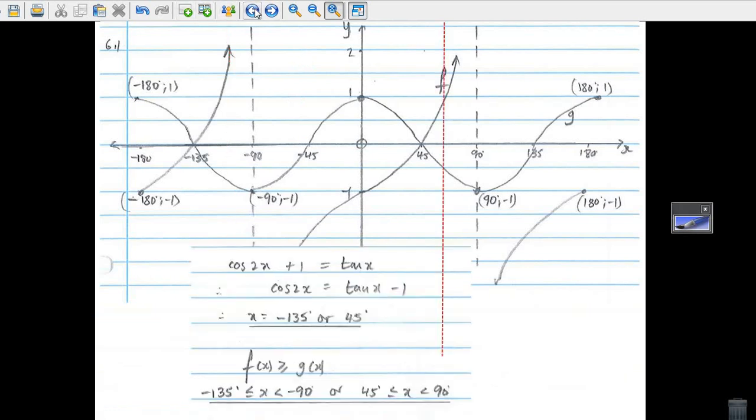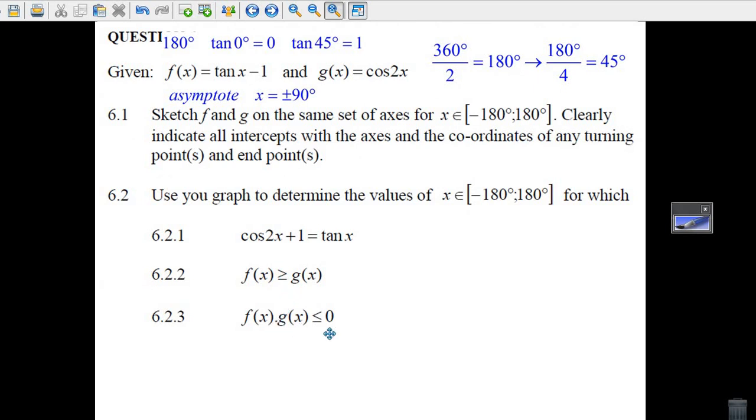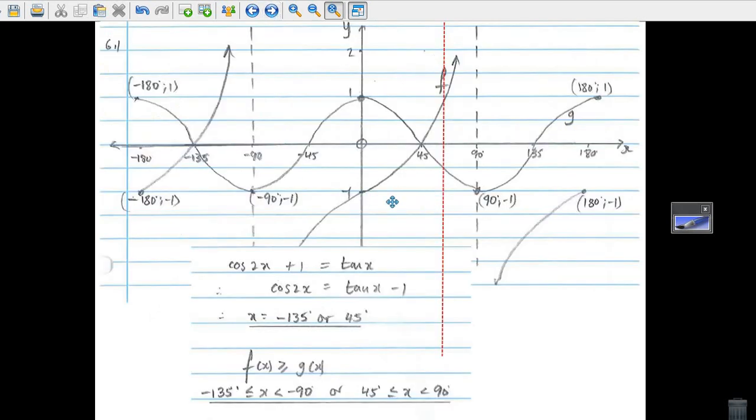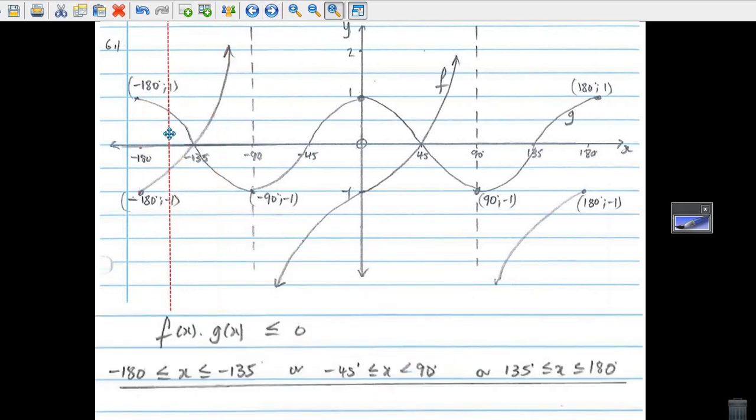Let's look at the question a little bit more carefully. In between minus 180 and 180, where do they multiply? So we're looking where they're on opposite sides. Well, all the places that the memo's got there, they're on opposite sides there. They're on opposite sides here. That's one that's just missing, I think.